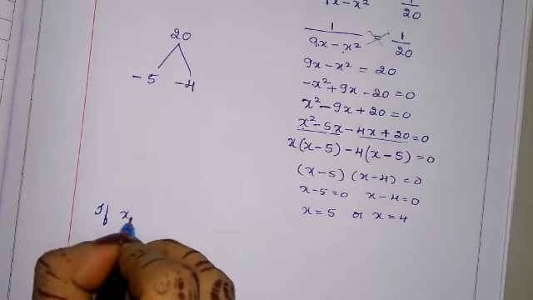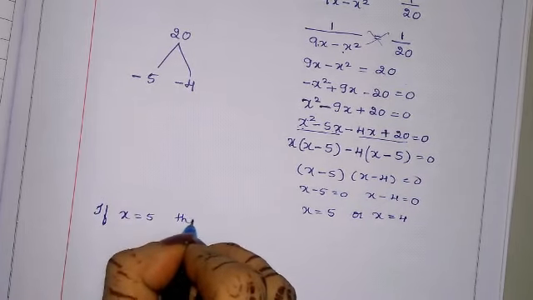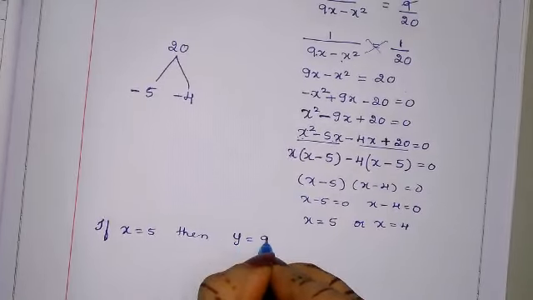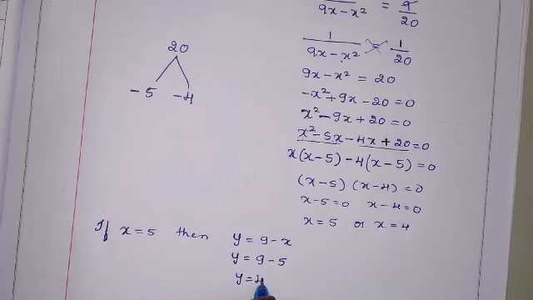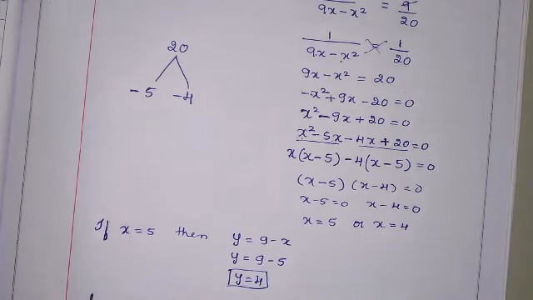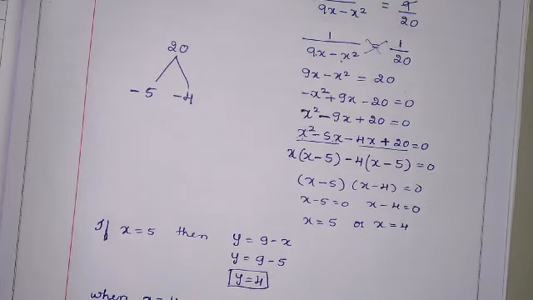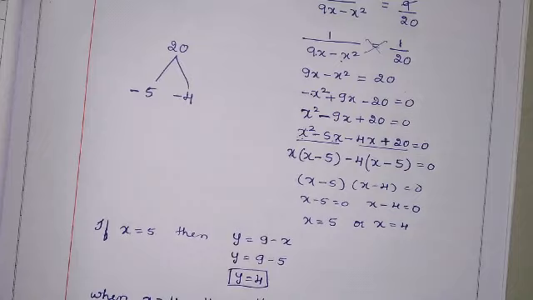If x is equal to 5, then y is equal to 9 minus x. Y is equal to 9 minus 5, which is 4. And when x is equal to 4, then y is equal to 9 minus 4, y is equal to 5.